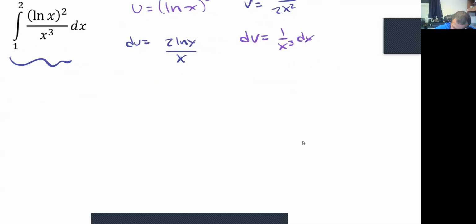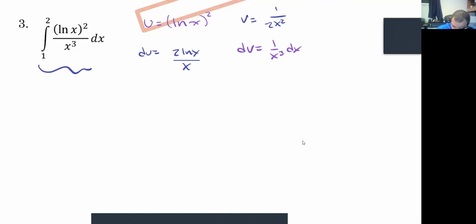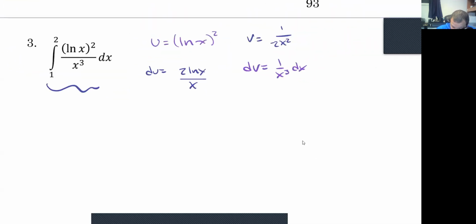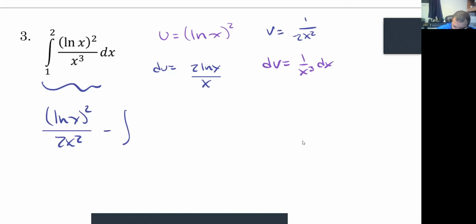So then u times v is going to give us, I'm not even going to try to write those things anymore. It's too late at night for me to care about this. So we're going to get u times v, natural log of x squared over 2x squared minus v du. There's a negative in here.